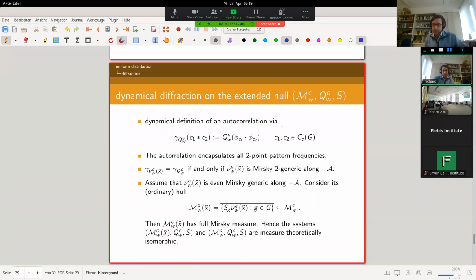So now, coming to an end, let's briefly make this connection to dynamical diffraction on the extended hull.